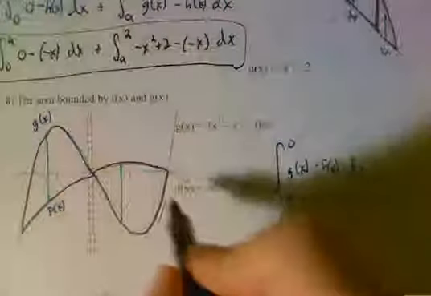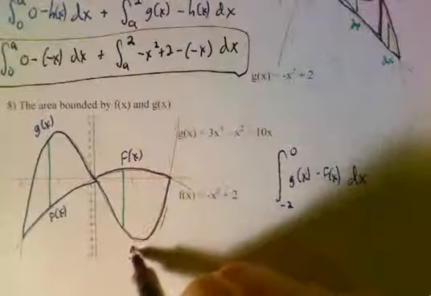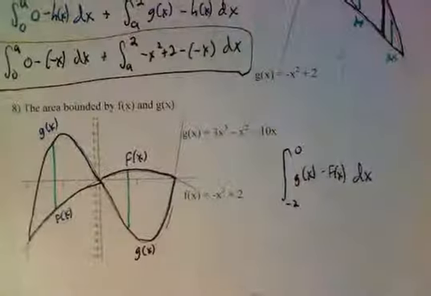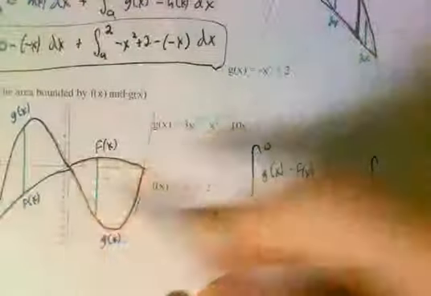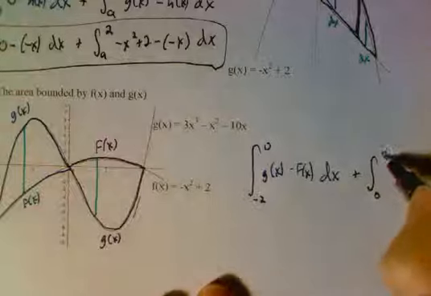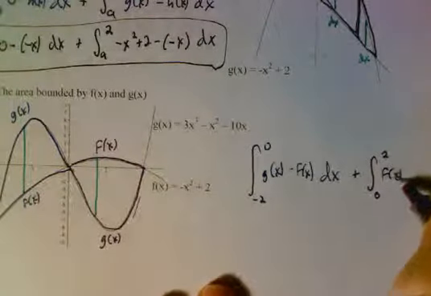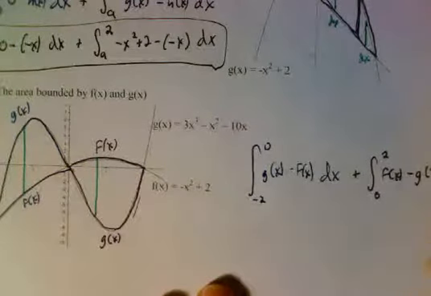For the purple one, f of x is on top, g of x is on the bottom. So we're starting at 0, ending at 2. I'm going to do f of x minus g of x.